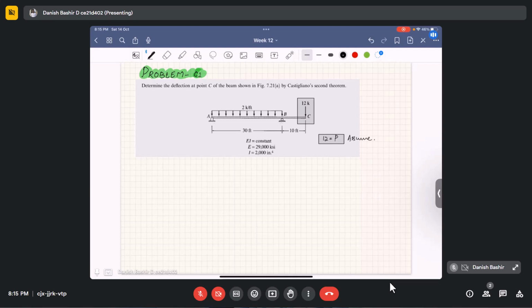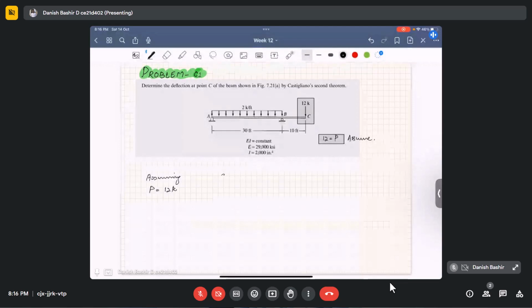So this is the total formulation for this. What I can say is: first, we will be assuming P to be equal to 12 kilopound. Okay, let's keep the units in kilopound and kilofeet only.